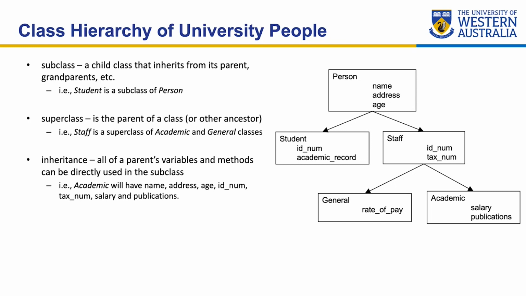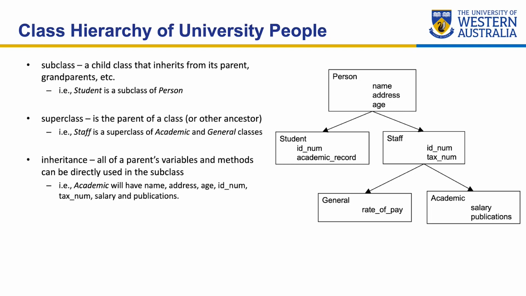So always when you design something like this, think about its application and how it can also be expanded later on and so forth. Does it make sense to include certain attributes in certain classes? Okay. Anyway, finally, the staff divides into general and academic, where the generals have rate or pay and academics have salary and publications and so forth, right?